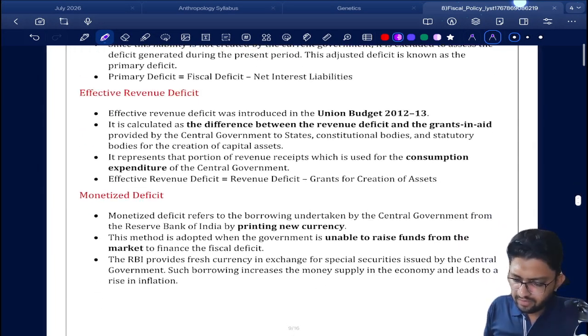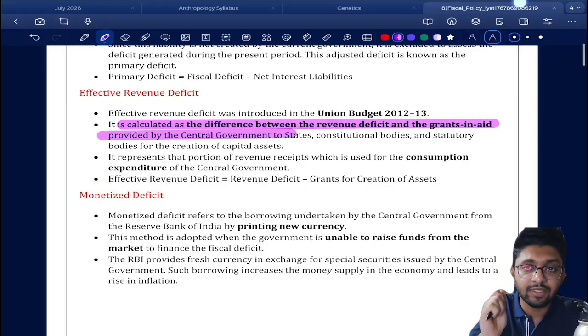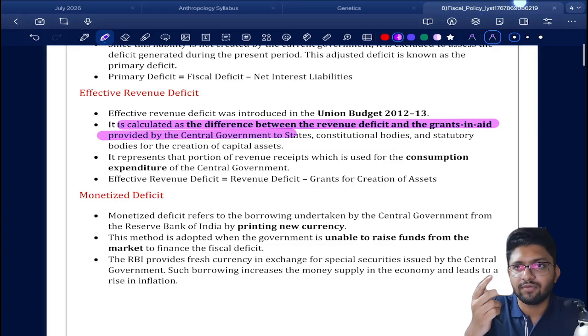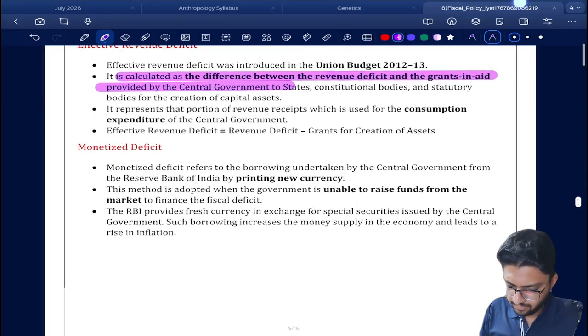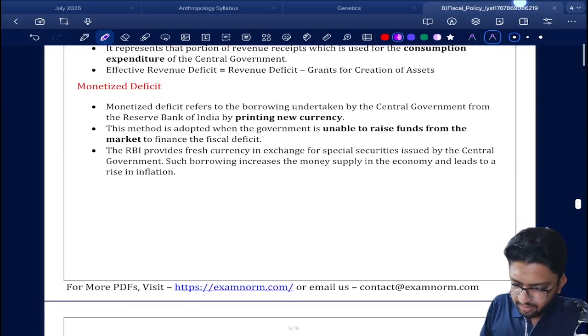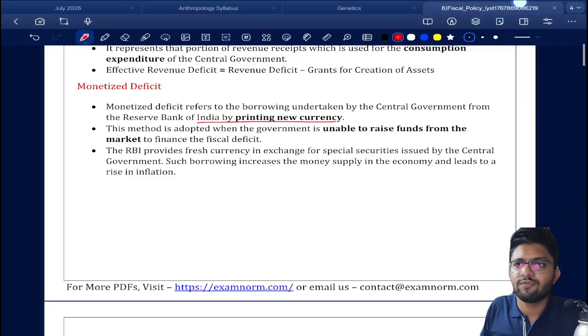Then effective revenue deficit is the difference between revenue deficit and the grants in aid. Whenever the word effective comes, just remember grants in aid must be added or subtracted accordingly. So that is effective revenue deficit. Monetized deficit is just deficit caused by printing of new money.